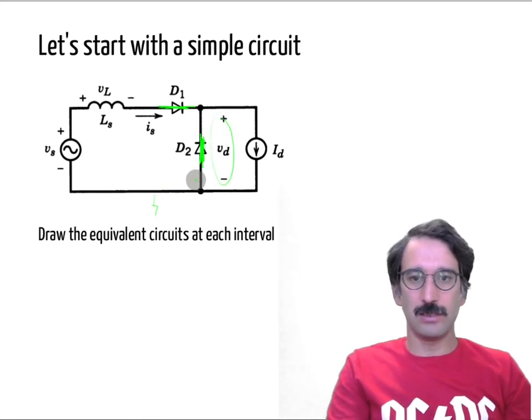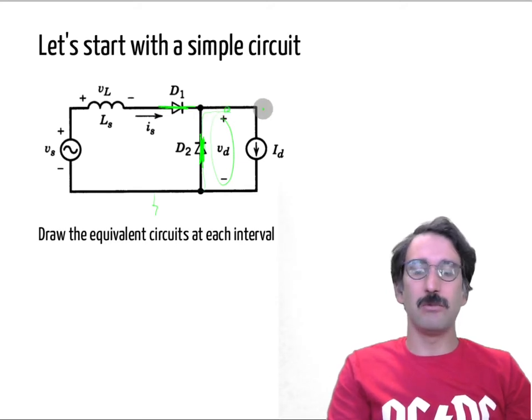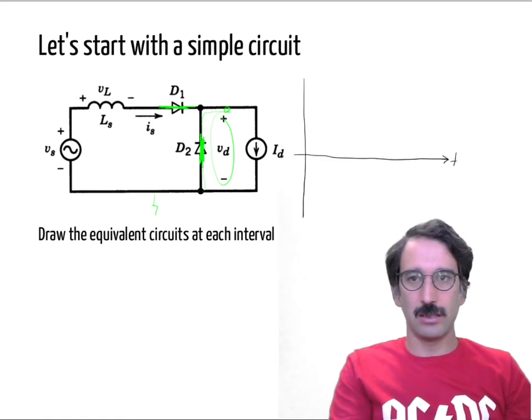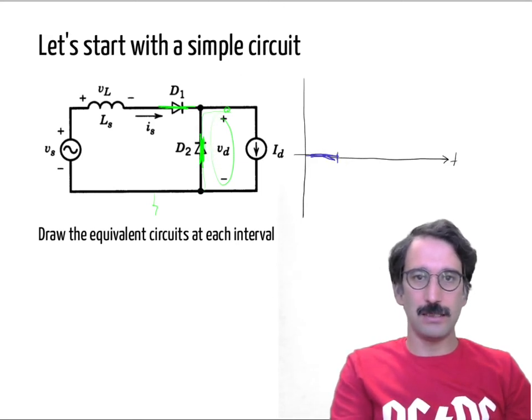If this is 0 volts and this is in conduction, then VD will be 0. Let me plot it as a function of time. During commutation time, my output voltage will be 0, and as soon as that diode gets out of conduction, right?